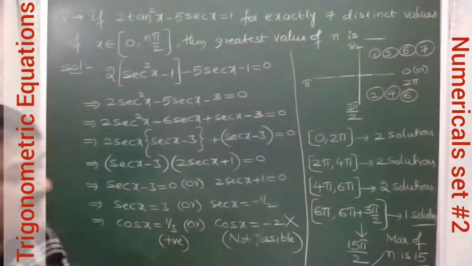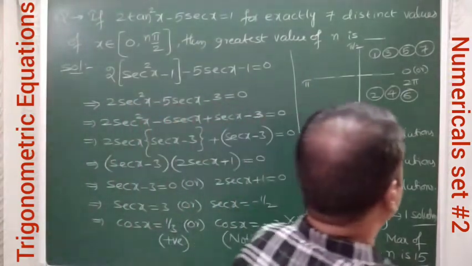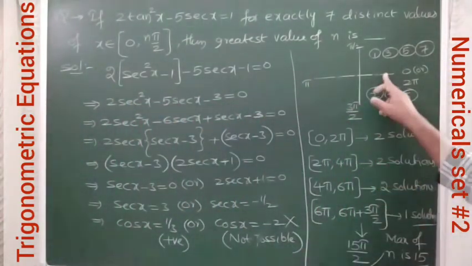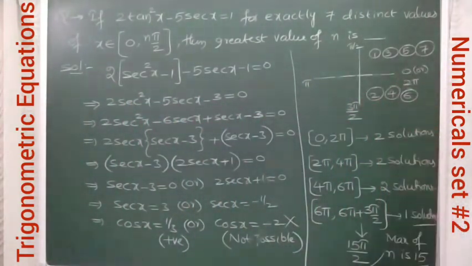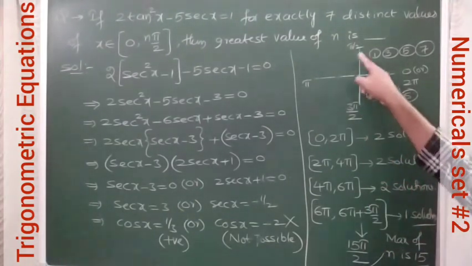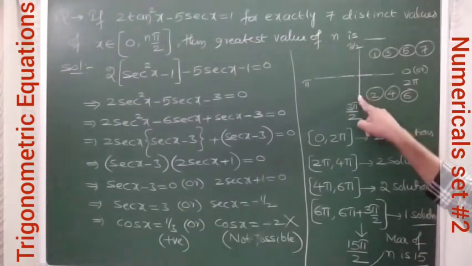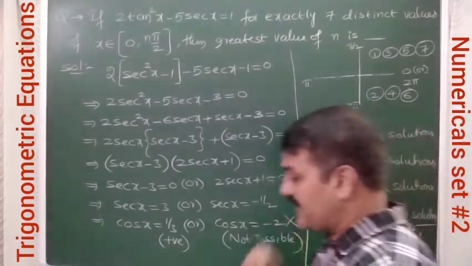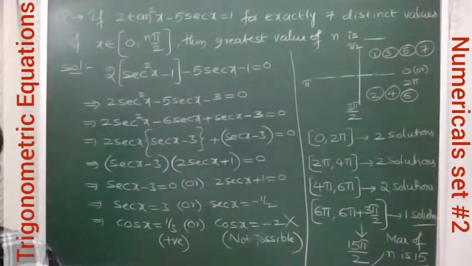If maximum term is not mentioned, 7 solutions means up to 3 pi by 2 it is enough, meaning 6 pi plus pi by 2 is enough to get the 7th solution. Since the maximum term is given, at the maximum you can go up to 3 pi by 2. So the maximum value of n is 15.